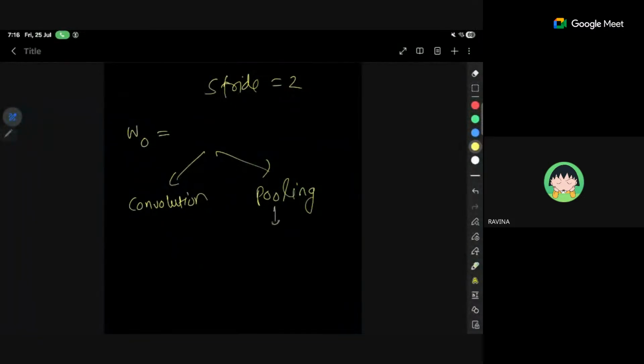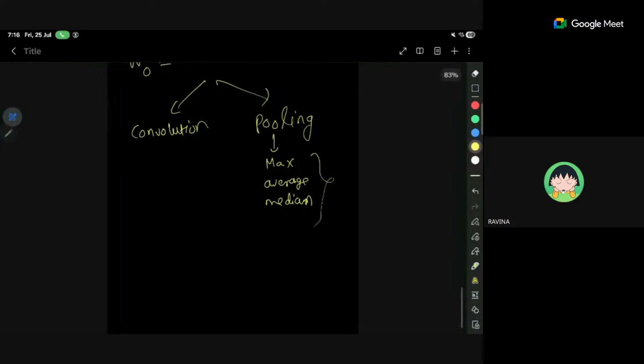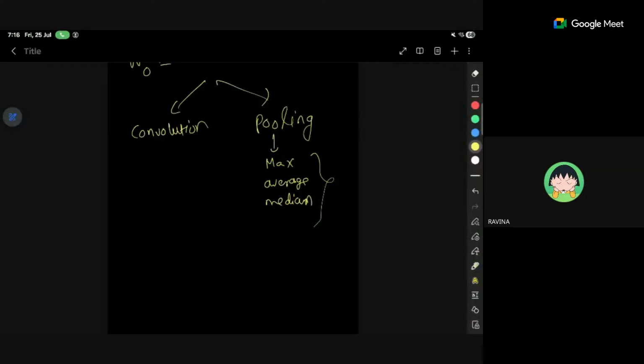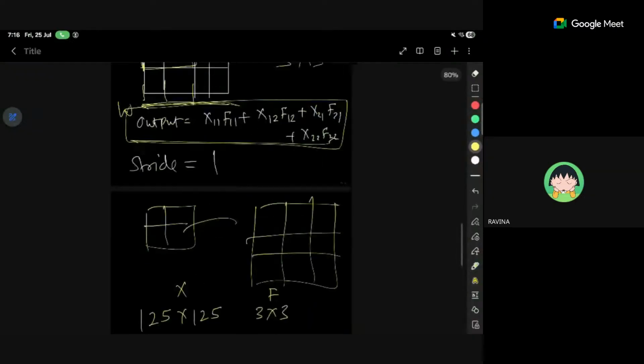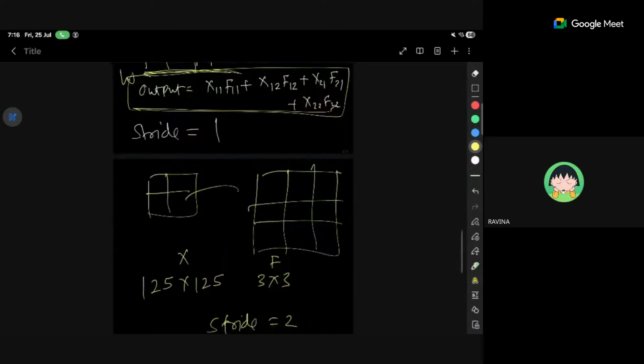In this there is max pooling, average pooling, even median pooling. Whatever you can think of mathematically, that kind of pooling does exist. In convolution we always take the dot product. Yes, convolution always happens like this. There is no other way to do it. You just multiply, add, and whatever value you get, you put it there.